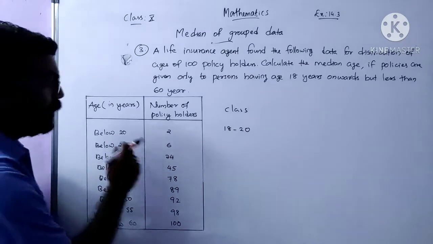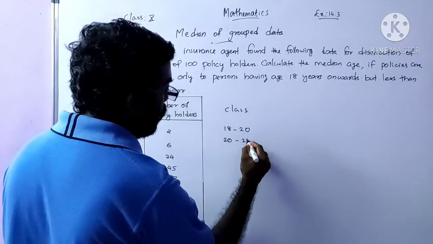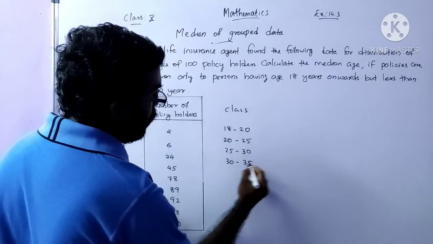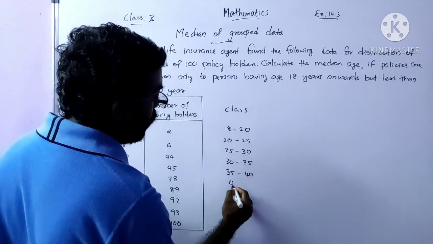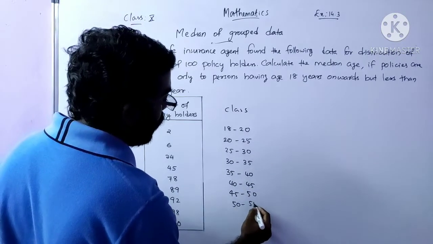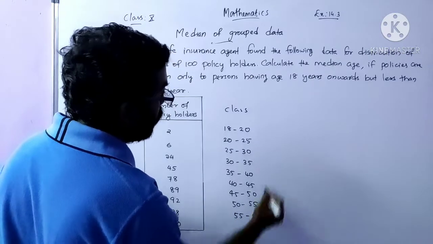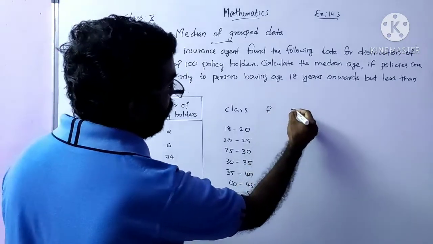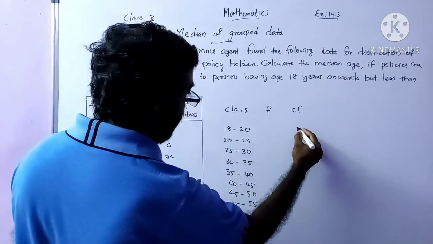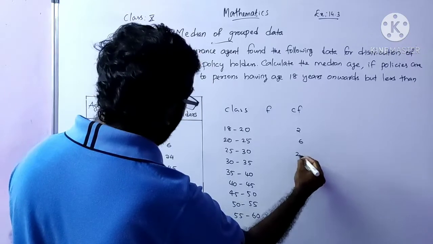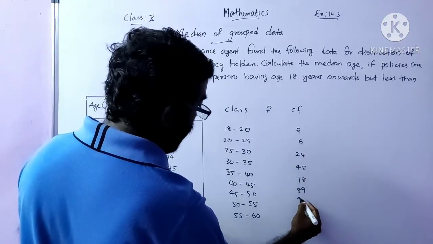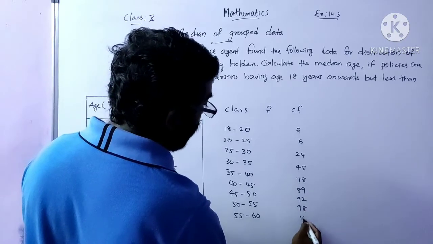Next, 20 to 25, then 25 to 30, 30 to 35, 35 to 40, 40 to 45, 45 to 50, 50 to 55 and 55 to 60. And frequency f, cumulative frequency CF. This is the cumulative frequency that we can copy here: 2, 6, 24, 45, 78, 89, 92, 98 and 100.